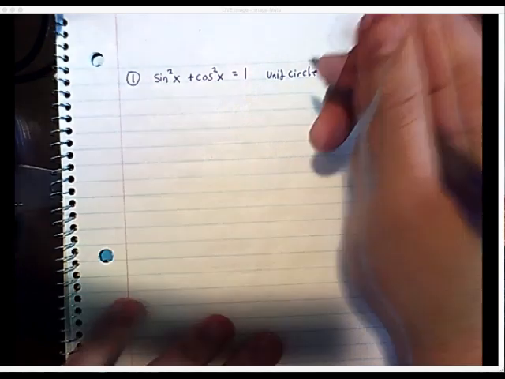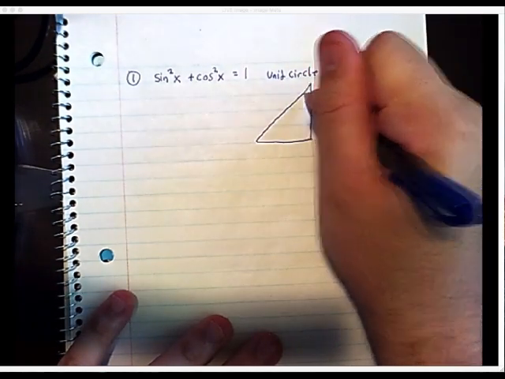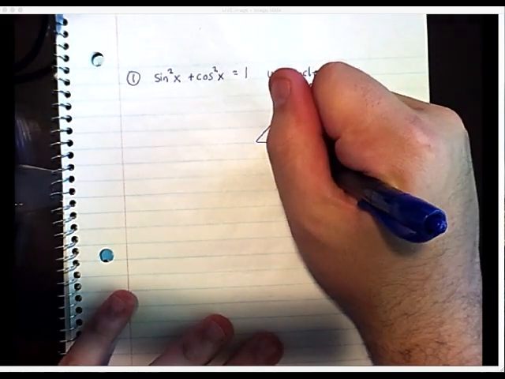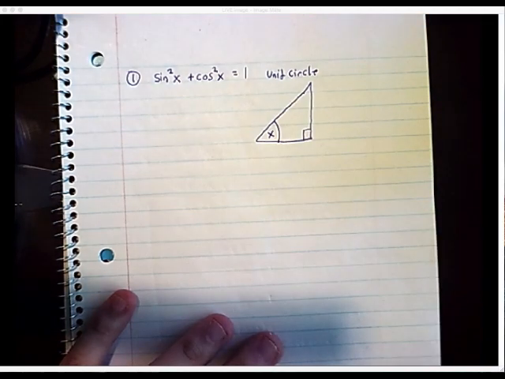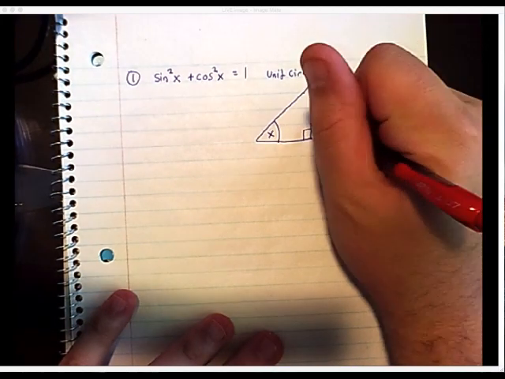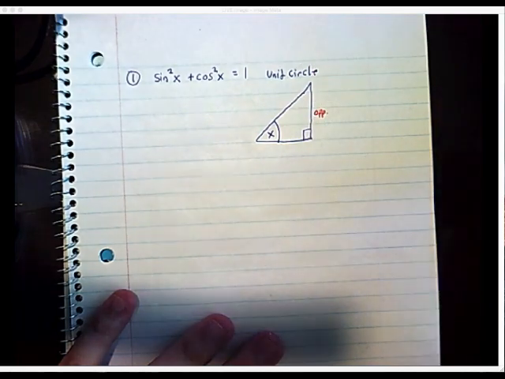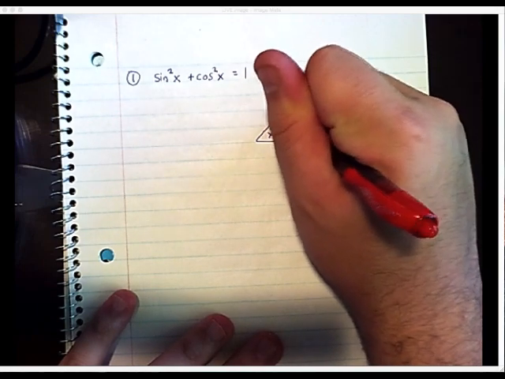So let's go back to our knowledge of right triangle trigonometry. There's our right angle. We're going to call this angle x. Since I'm calling that my angle x, this would be the opposite side, this would be the adjacent side, and this would be the hypotenuse.